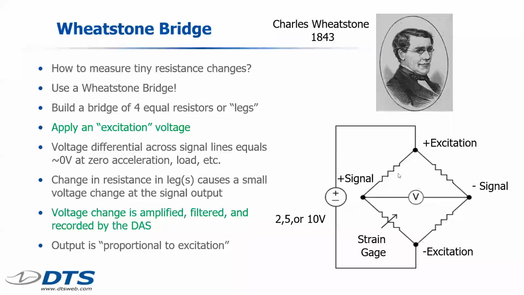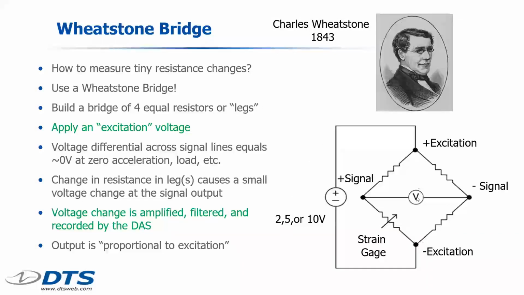The 4-element bridge consists of matched resistances. We apply a large voltage to the top and bottom. We call that the plus and minus excitation. Typical excitation voltages would be 2, 5, or 10 volts.